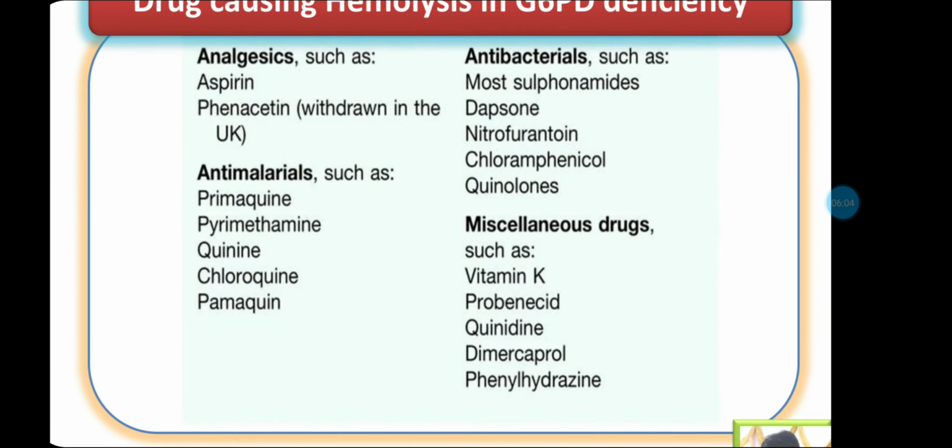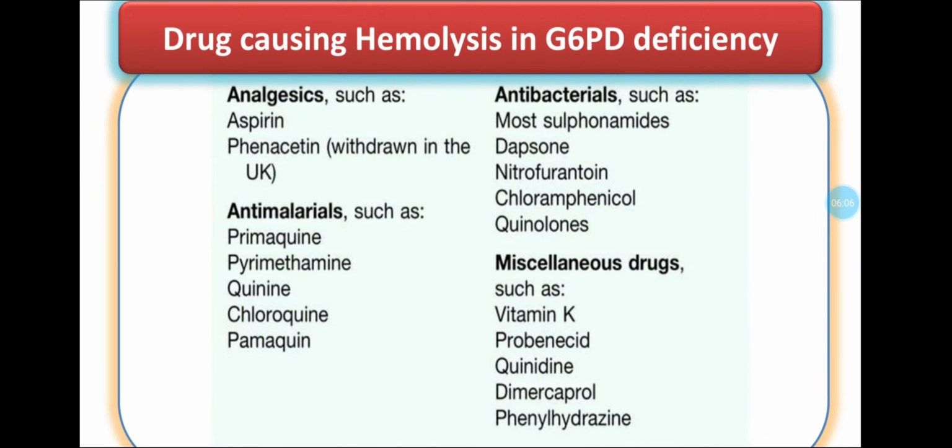If we go through certain drugs which can cause hemolysis in G6PD deficiency, analgesics such as aspirin and phenacetin, and antimalarials are very common drugs which can cause hemolysis in a G6PD deficient patient, especially primaquine, pyrimethamine, quinine, chloroquine, and primaquine. So these are the drugs.